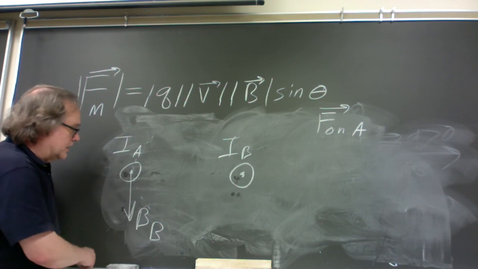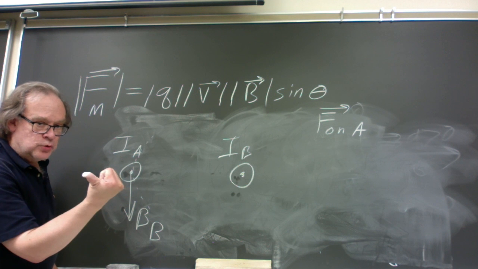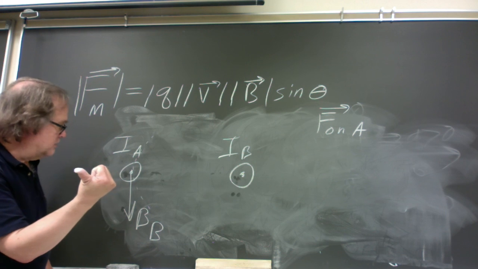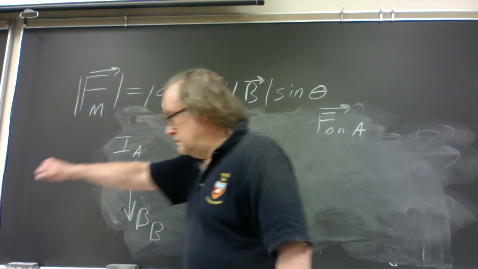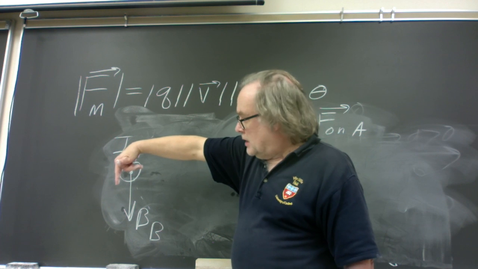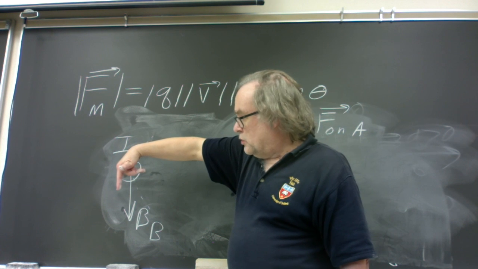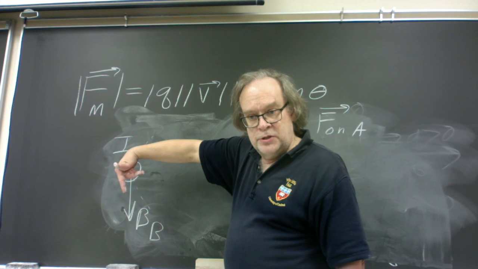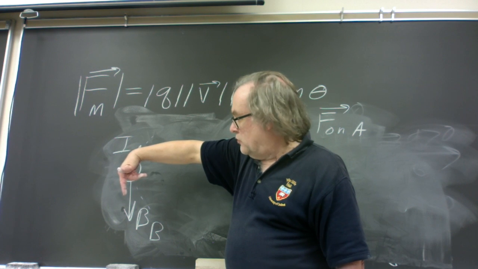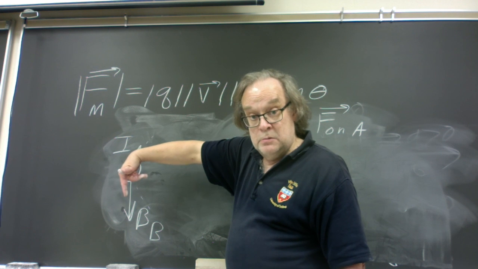Now we can find the force on A. Thumb in direction of the motion of the charged objects. Index finger in direction of the field, and then rotate your fingers so that they're perpendicular to thumb and index finger. And when you do that, those three fingers point left to right.